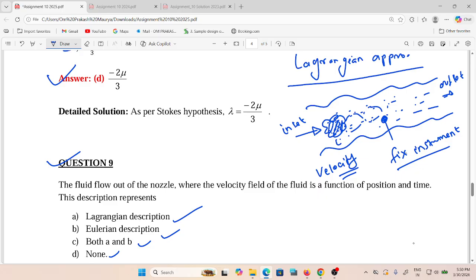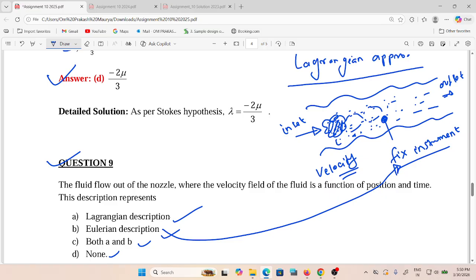But once we fix the instrument, whatever fluid is moving from here, whether this fluid or this fluid, there is no meaning, each fluid passing at this location will have its velocity measured. So here you have two ways. The first way, when you fix the instrument, is your Eulerian description.